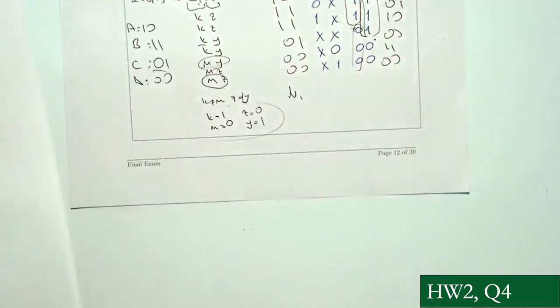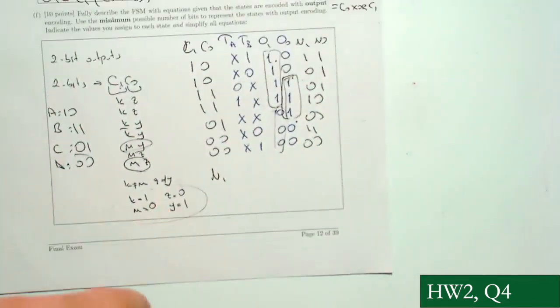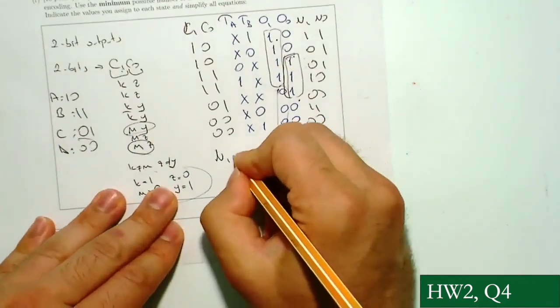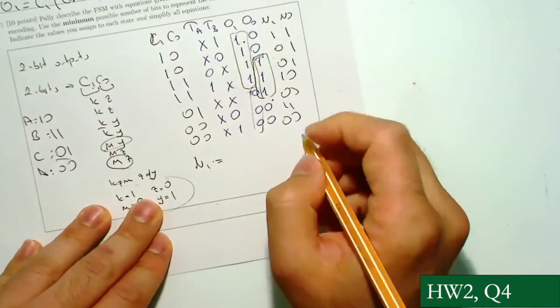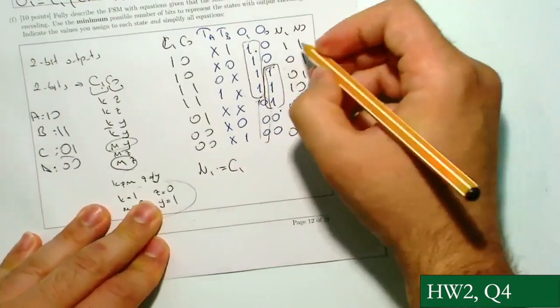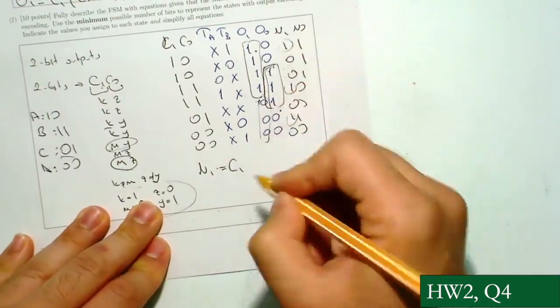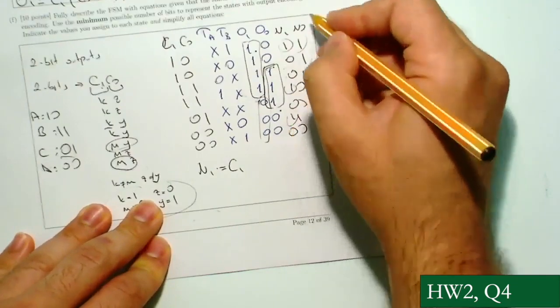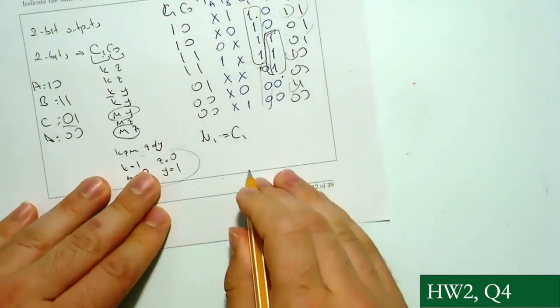All right, so that's a bit long. If you allow me to save some time, I'm going to directly write the Boolean equation, because what you do is check the rows that are 1 here and the rows that are 1 for N0, and then write them as is.